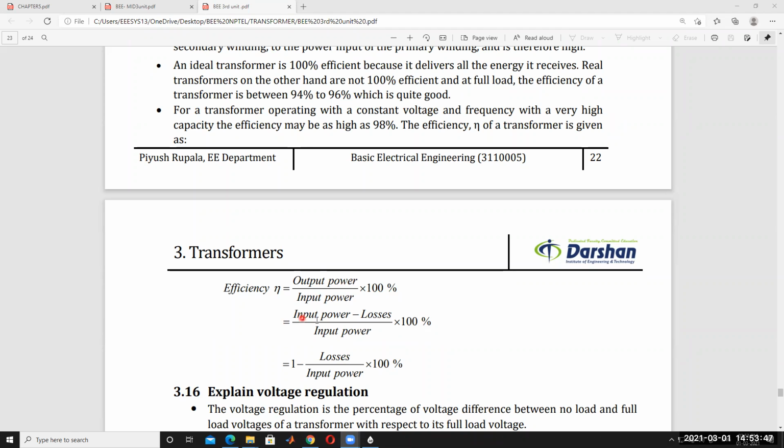Output power is nothing but input power minus losses. Otherwise, efficiency is equal to output power divided by output power plus losses. Modified, this is 1 minus losses by input power, times 100. This is called transformer efficiency.